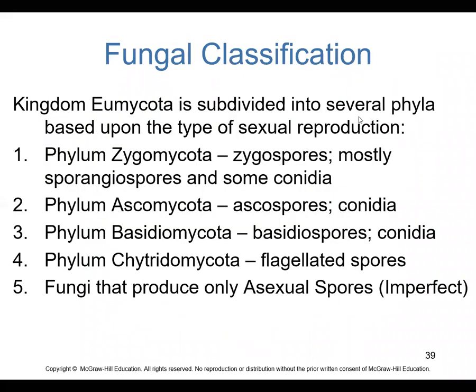So we classify these. There are several ways to do it. Our book does it based on sexual reproduction. So zygospores, and these are mainly the sporangiospores, some conidia. Then you have your ascospores, which are all conidia. Basidiospores are all conidia. There's a couple of more phyla in here, the Chytridomycota.